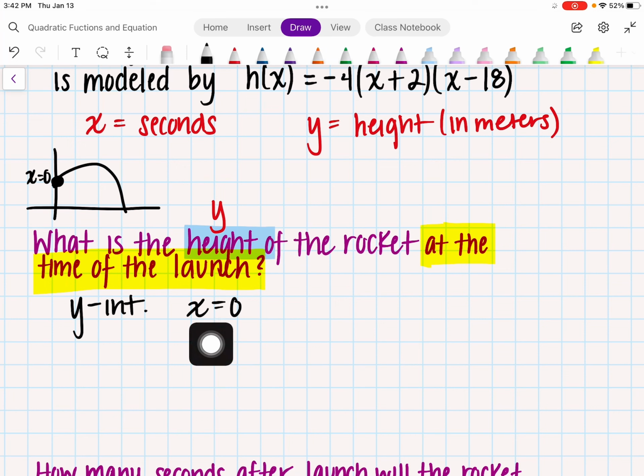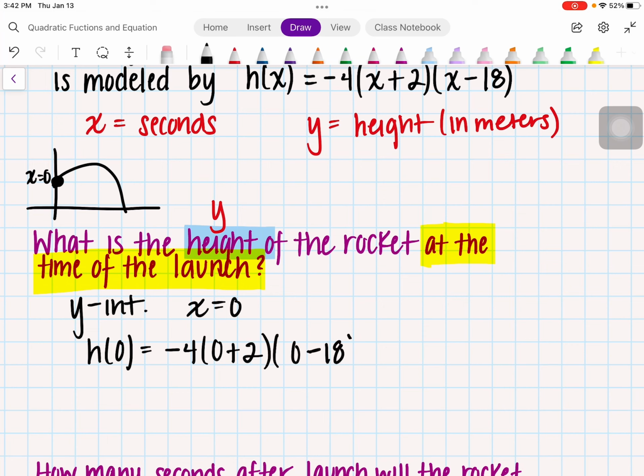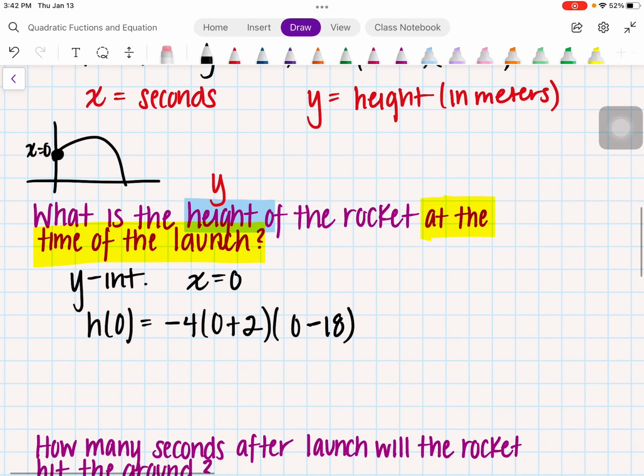So if you want to solve for the y-intercept, x has to be 0. So we're going to substitute x equals 0 into the equation. So we have h of 0 equals -4 times 0 plus 2 times 0 minus 18.